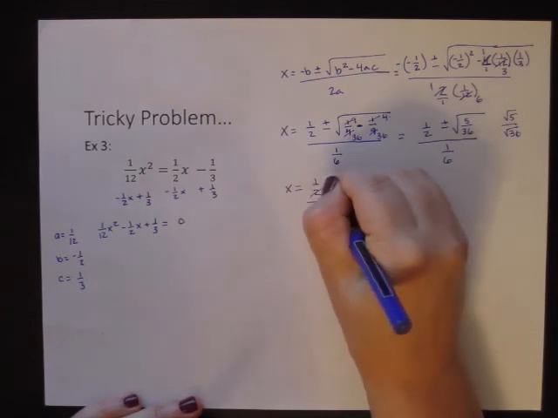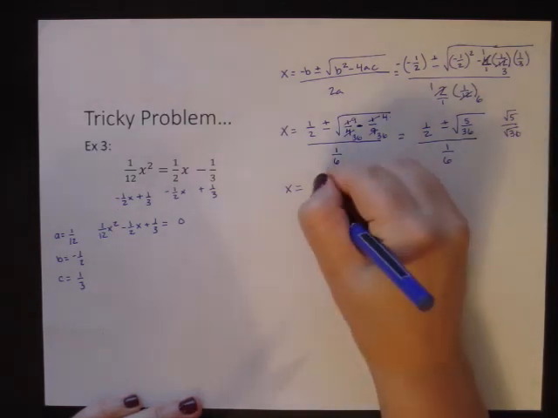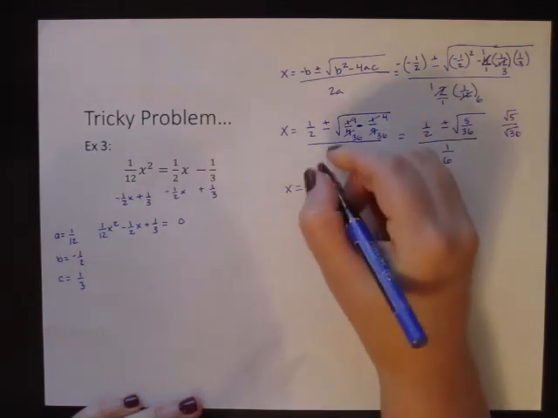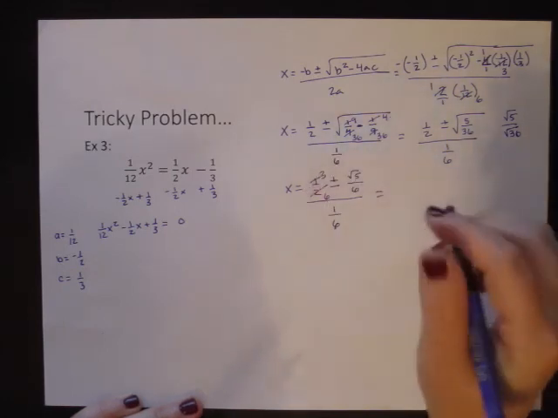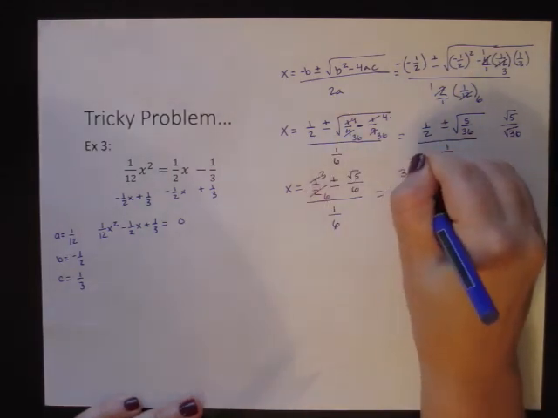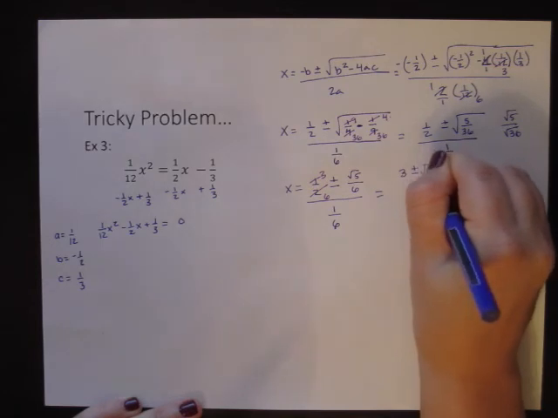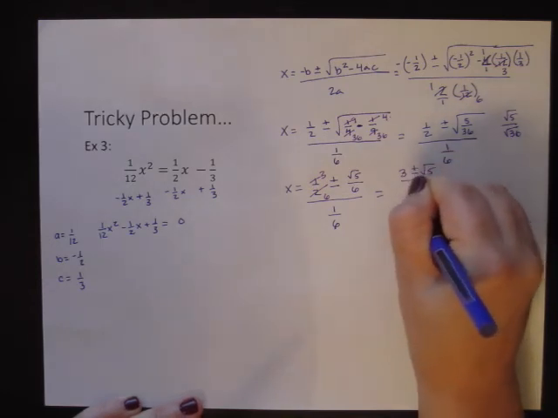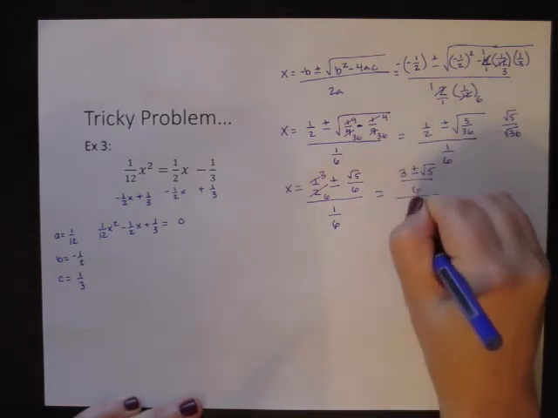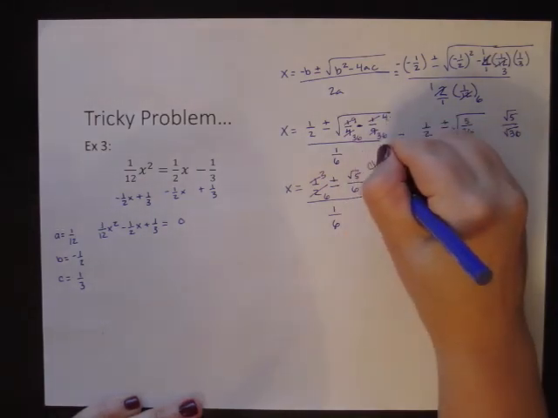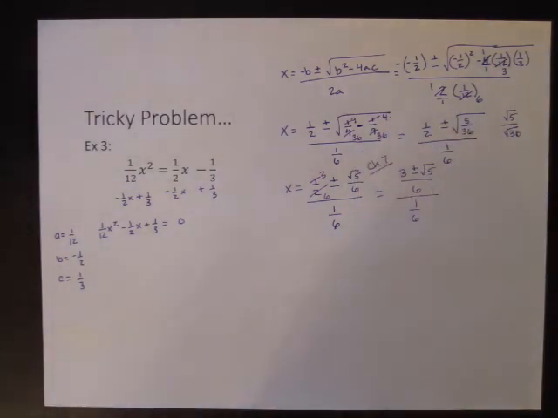So it will be 6, so I change this one to 6. So this would be 2 times what gets me to 6, that would be 3. So essentially I have 3 plus or minus the square root of 5 over 6 divided by 1/6. So this is actually what we did in chapter 7 if you need to go back and look at it. Okay, and now we have a complex fraction.